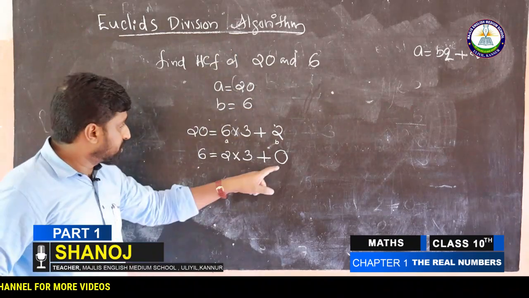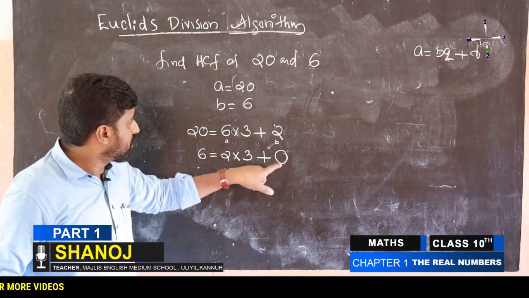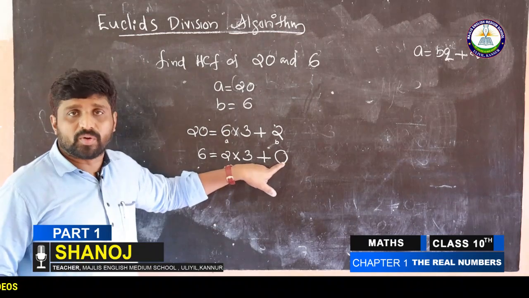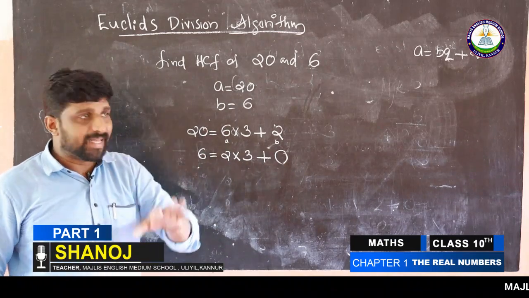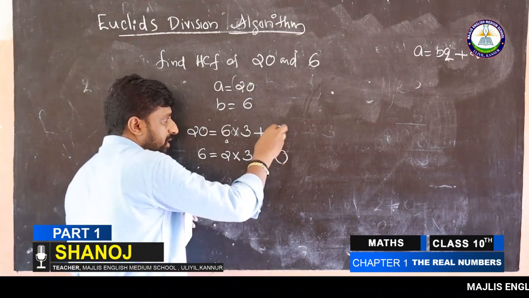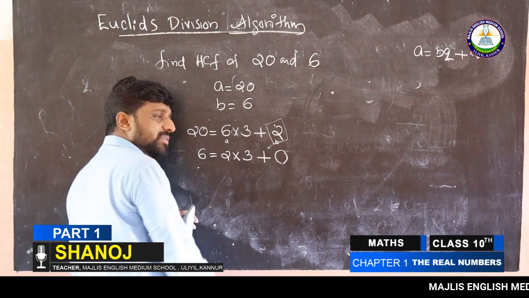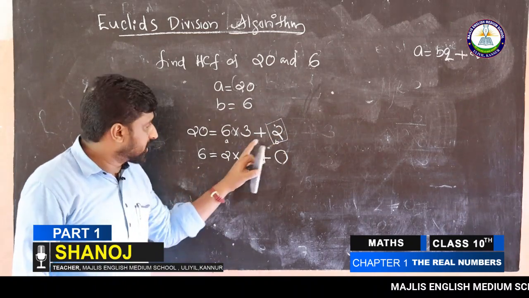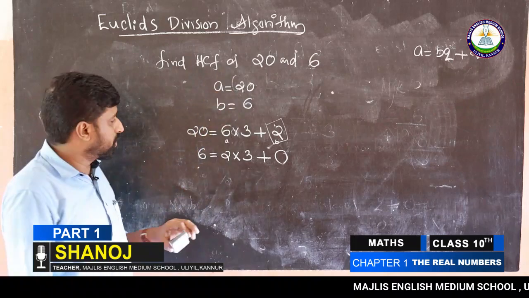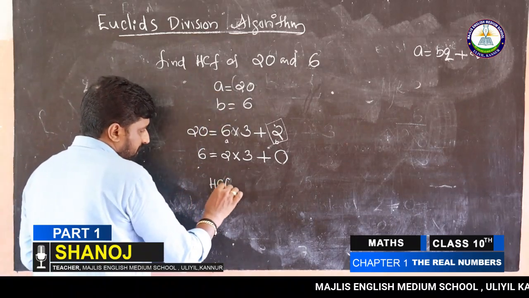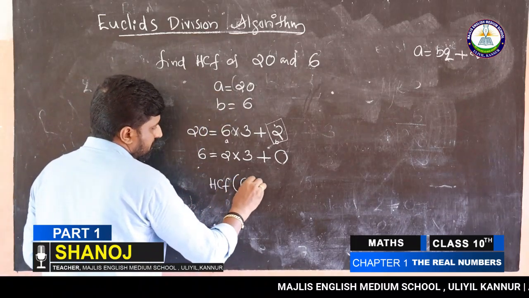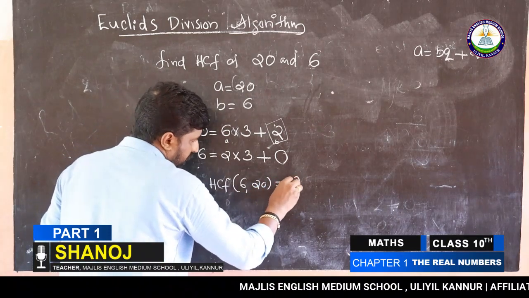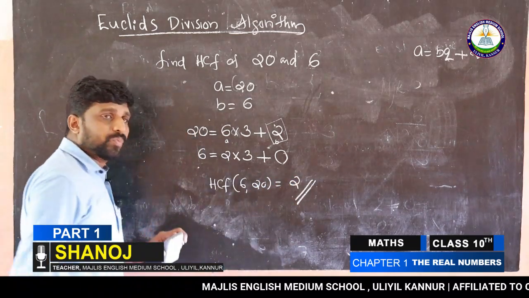The remainder becomes 0. When you get the remainder as 0, you can stop there. That divisor is considered as the HCF of these two numbers. Therefore, here we can write HCF of 6 and 20 equal to 2.